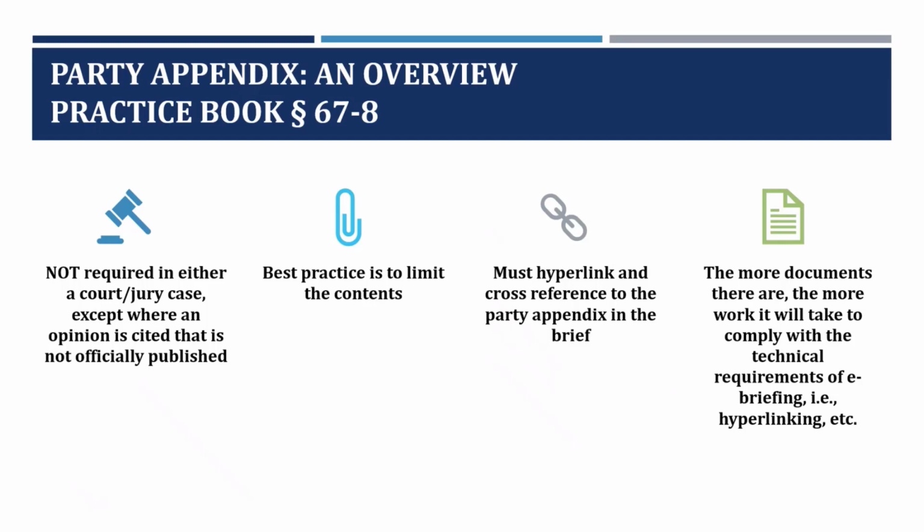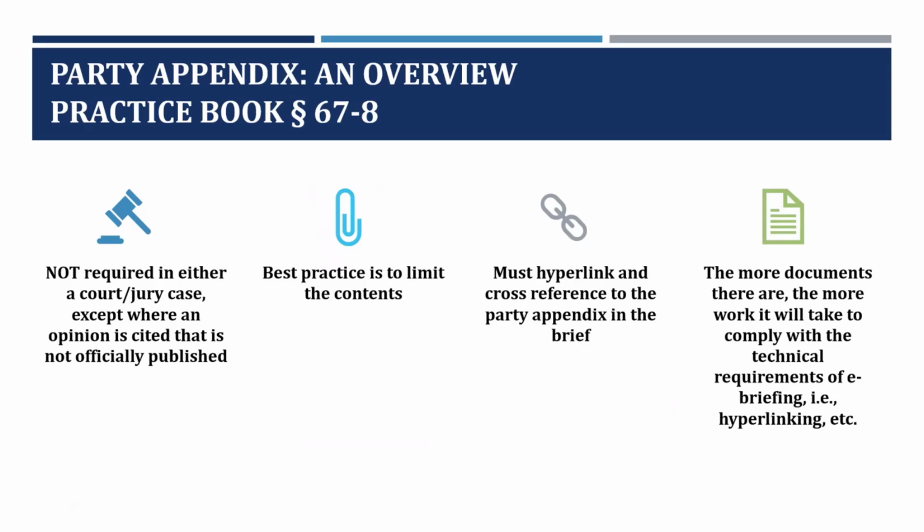So again, the brief and the party appendix are going to be a single PDF document. And it's going to be consecutively numbered, which may seem counterintuitive. From the cover of the brief, which is page 1, the table of contents of the brief, and then the body of the brief. And then you're going to have the cover of the appendix and the table of contents to the appendix, and then your appendix.